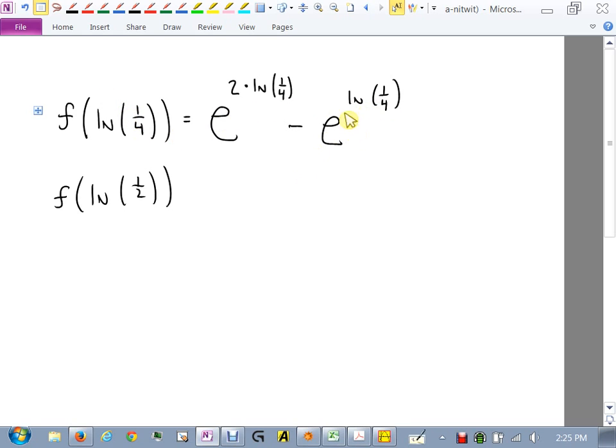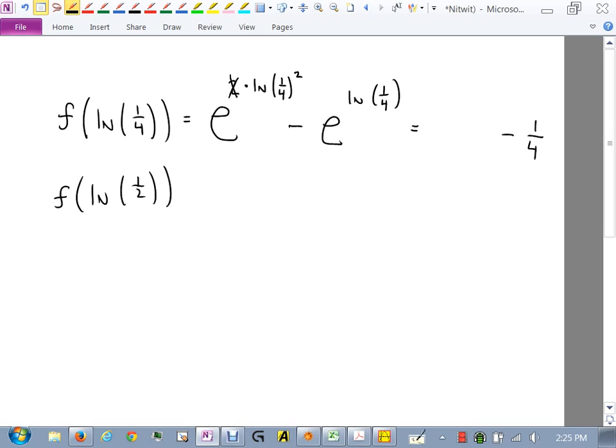This one should be pretty easy, right? What is e to the natural log of 1/4? Just 1/4, right? The e and the natural log cancel out. So I know I've got a 1/4 out here. All right. This one right here, how about we move that 2 up as a power and make it squared on the 1/4 instead? Is that a legitimate move?